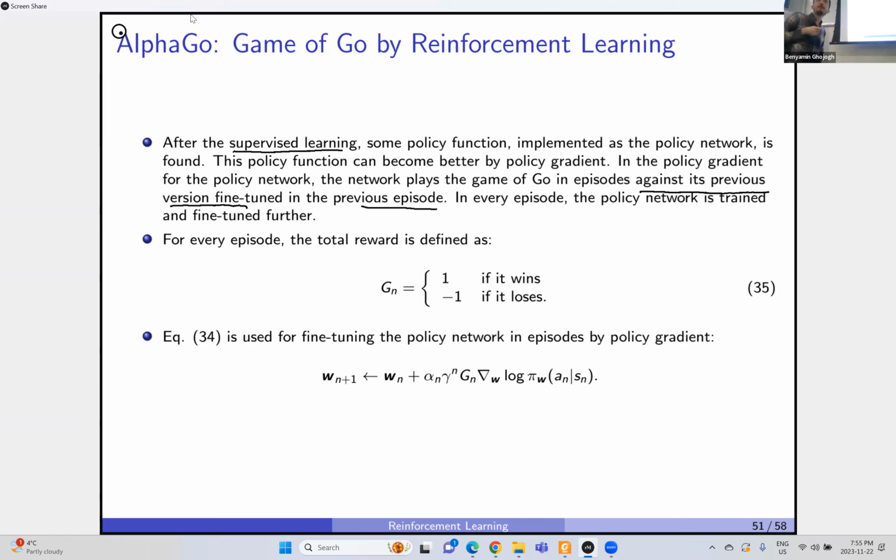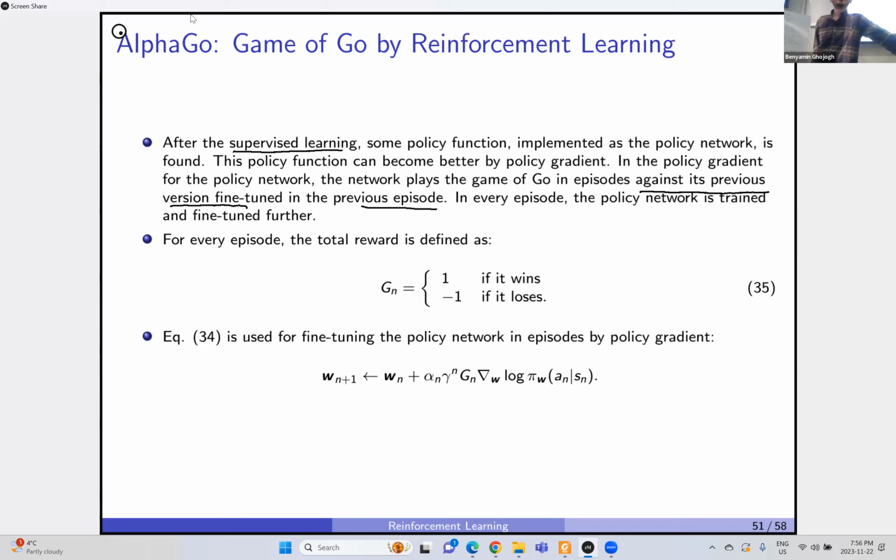So you play the game against your previous episode, because in every episode you are doing backpropagation and tuning your neural network weights. As a result, in every episode, you have some neural network version, so the computer can play with itself in the previous episode version.